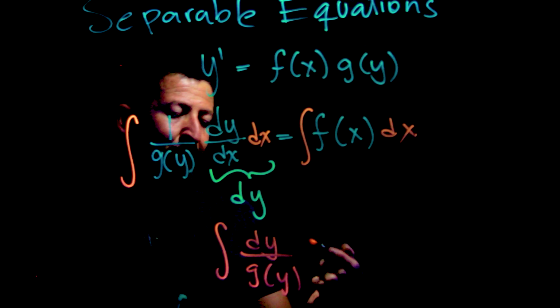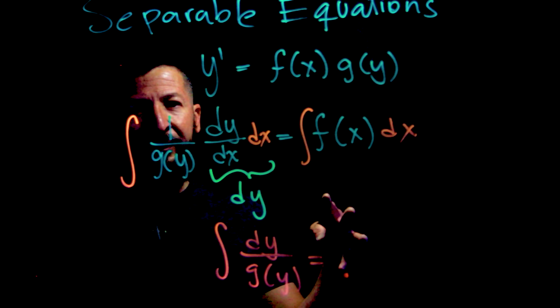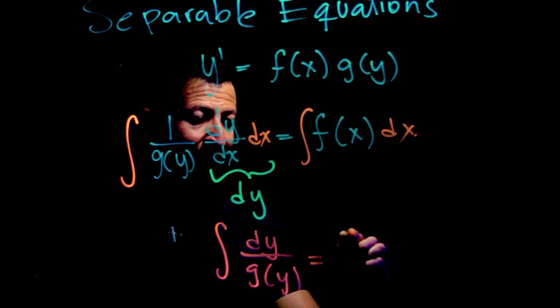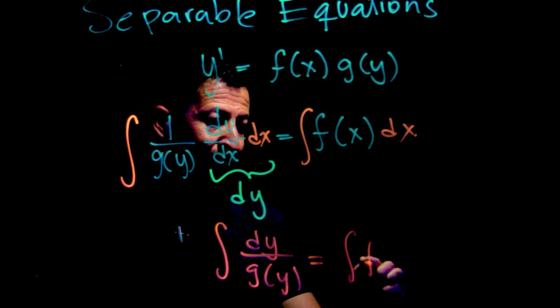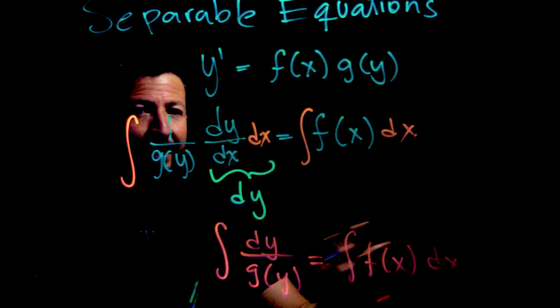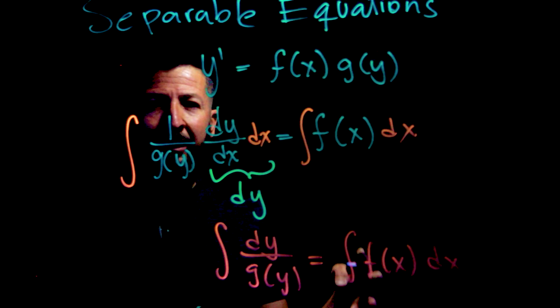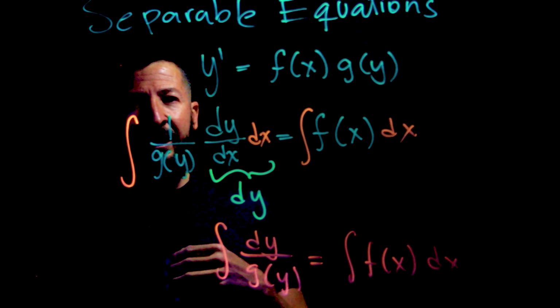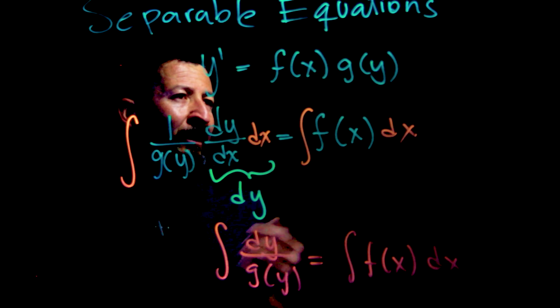Well, you know there are going to be some functions where you don't know how to find the antiderivative, or the antiderivative just does not exist. But even if you have to leave these integrals indicated, you are able to solve. So let's do a few examples of this type of equation and see what kind of integrals we get.